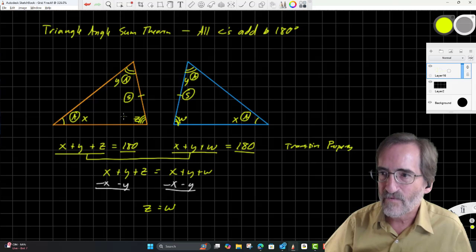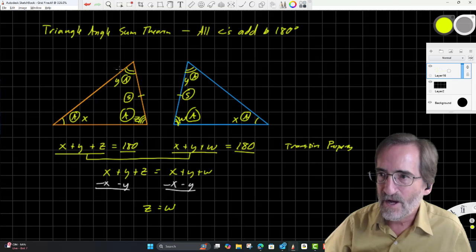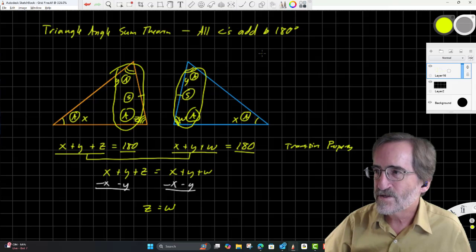And now guess what I've got? I've got an angle congruent to an angle. I have angle, side, angle, congruent to angle, side, angle. And this basically is the sum of what I'm talking about.